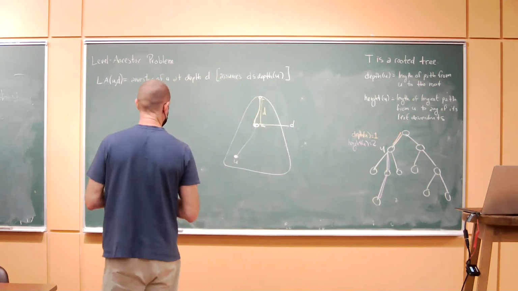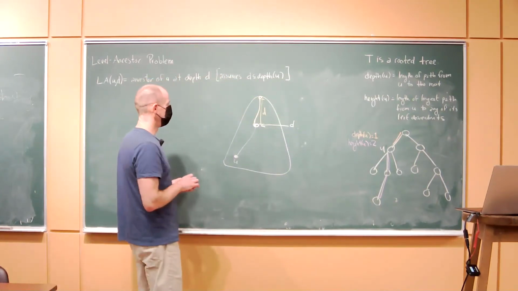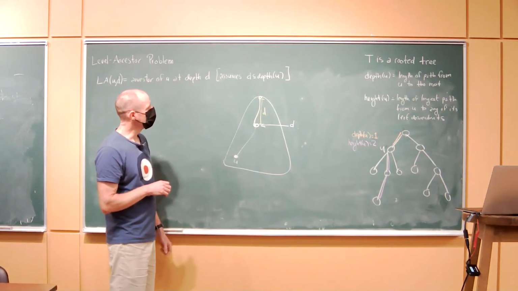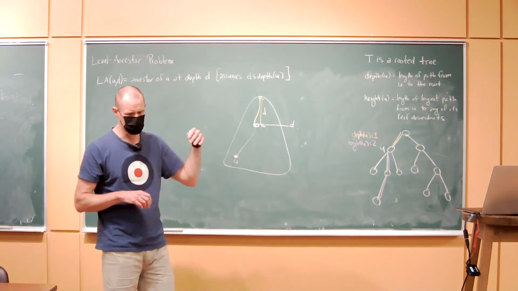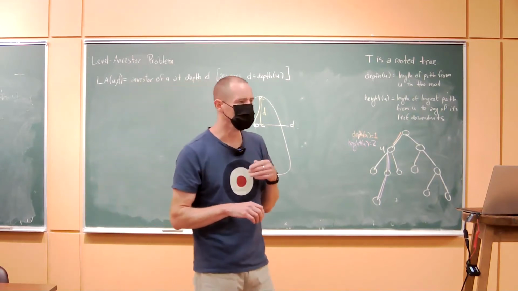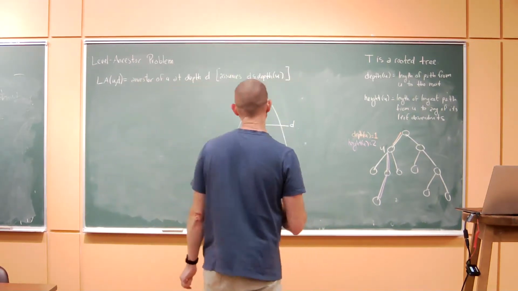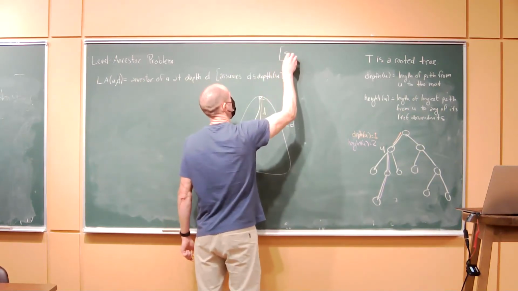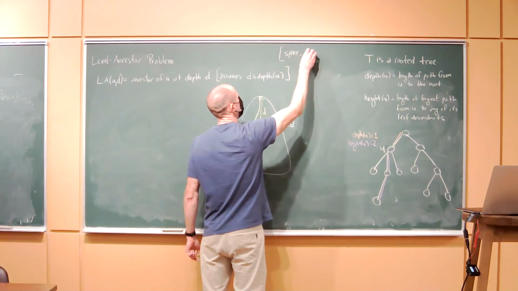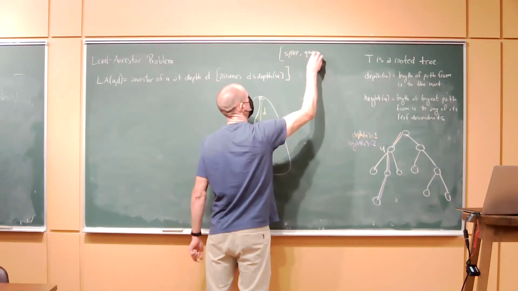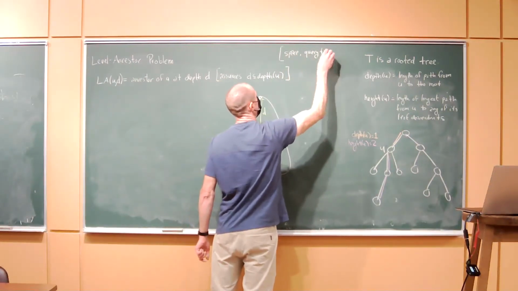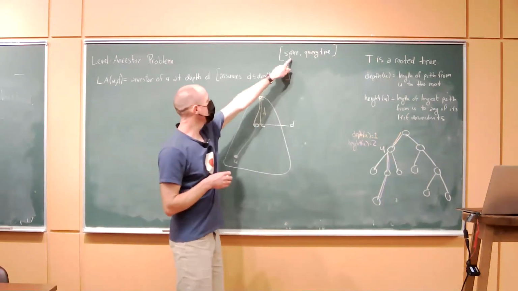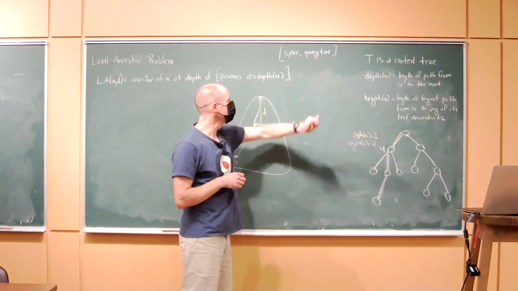As usual, we'll present a number of different solutions, and we'll always give 2 parameters, which are space and query time. So we'll write our solutions like this. This tells us how much space the data structure takes. This tells us the query time.